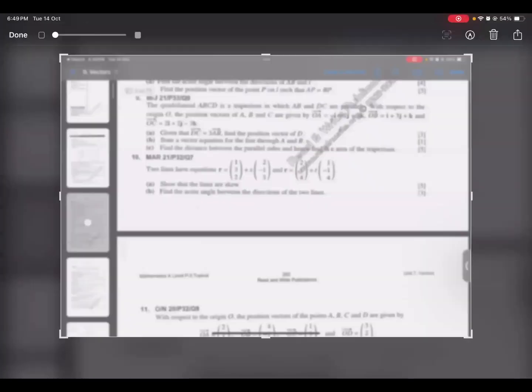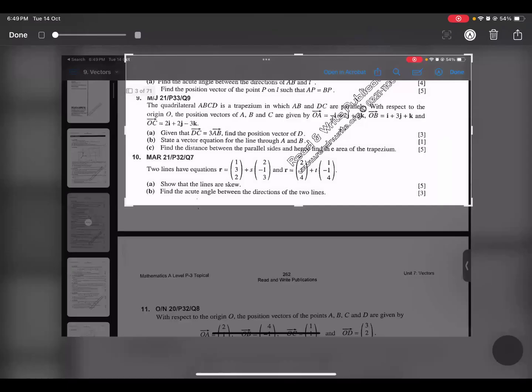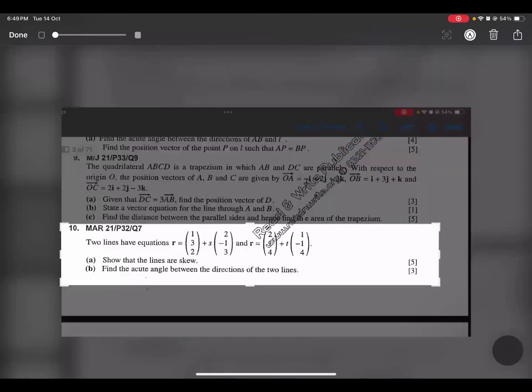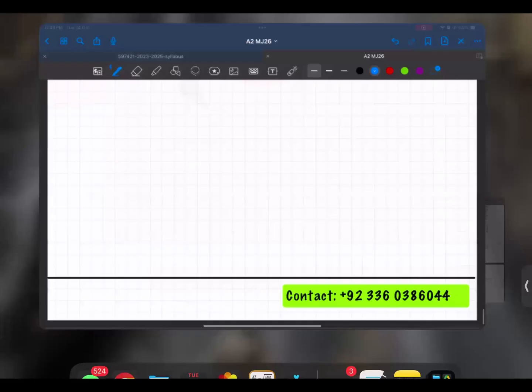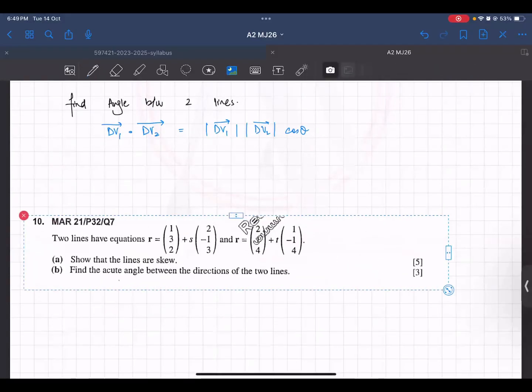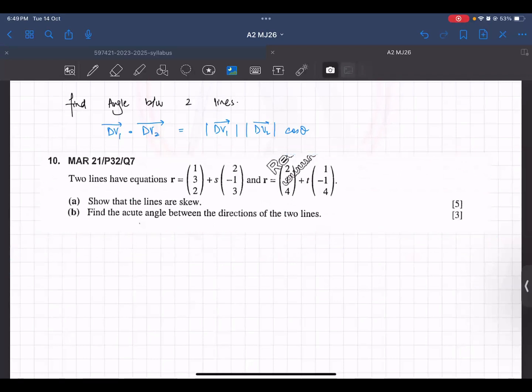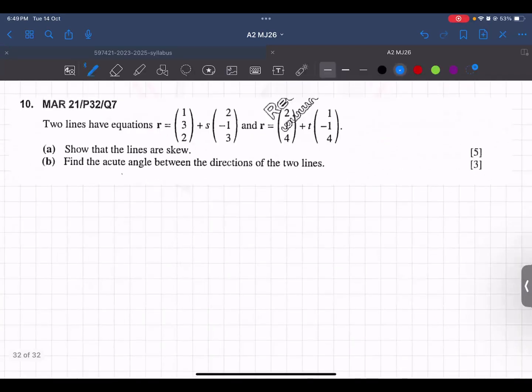Let's find the question. Look at this question number 10, part B. They have given you the equations of two lines. We know that this is the position vector on the line, and this is the direction vector of the first line, and this is the direction vector of the second line.